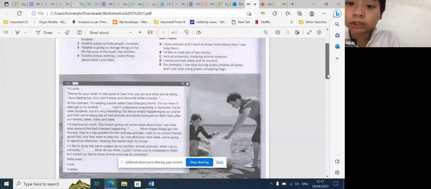I'm learning so much. The book is giving me some ideas about how I can help stop some of the bad changes happening. When these things get into the sea, they are a big problem for fish and sea animals. I talked to my school friends about this, and they want to help me too. So one afternoon next week, we're going to spend an afternoon cleaning the beach near my house.